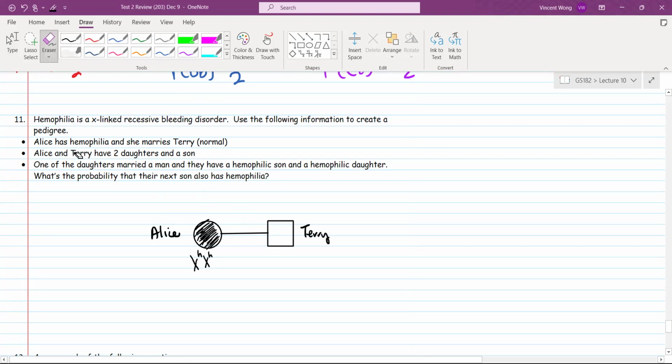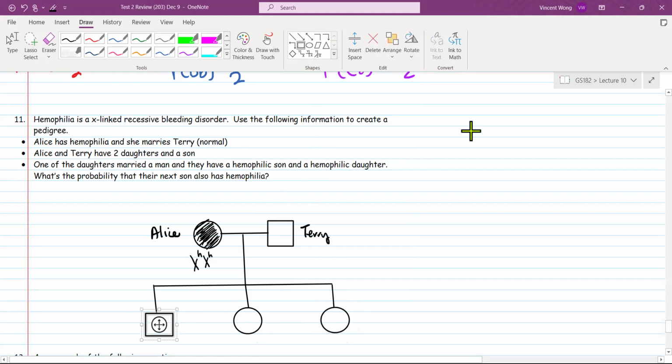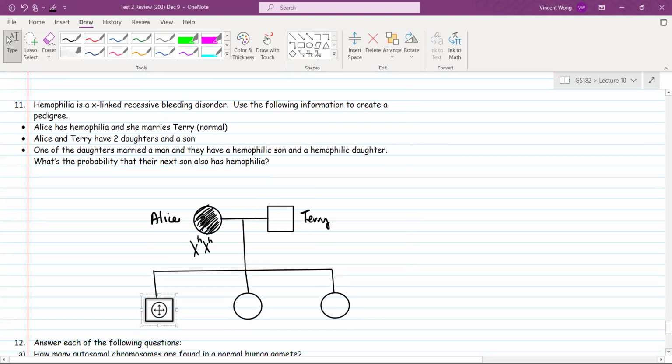Alice and Terry have 2 daughters and a son. 2 daughters and a son. Okay.